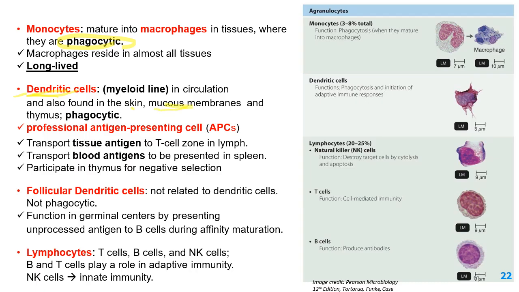So every organ that is in contact with the outside environment, like your lungs and your GI tract and your genitourinary tract, those are going to have dendritic cells in the mucus layers, okay? Those are the ones that are very, very important interactions between adaptive and innate immune system, because those are your professional antigen presenting cells, right?